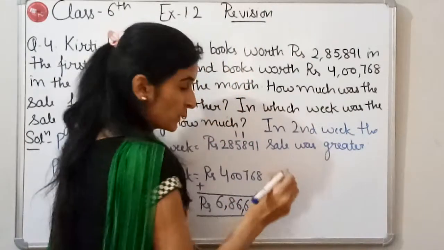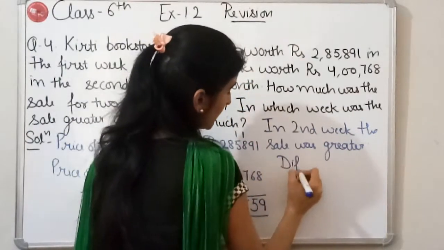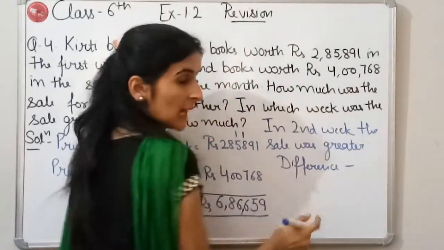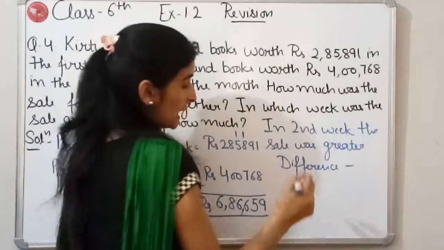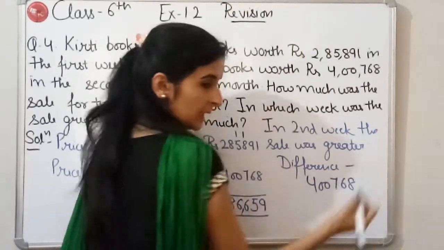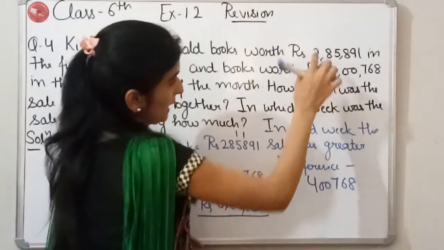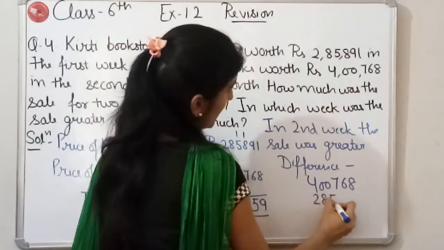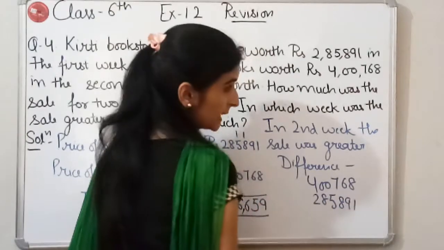After that we have to find the difference between these 2 weeks. For finding the difference we will write the greater sale above, 4,768, and then we will write 2,85,891.